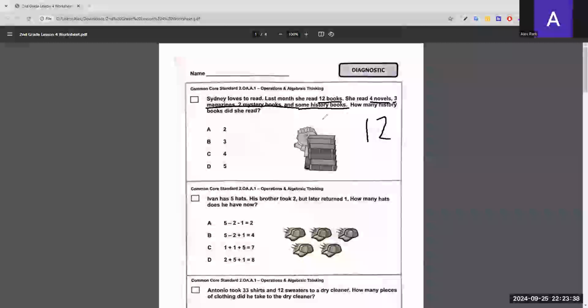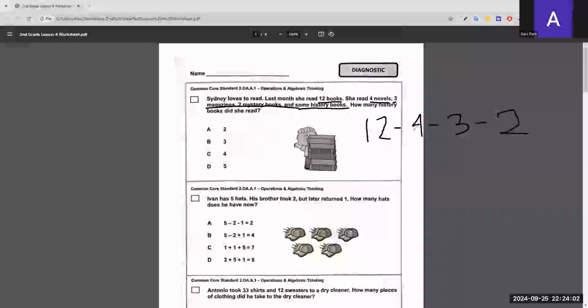And since we're looking for history books, which is the one category of books that we don't know, we can subtract all the other categories to find the number of history books. So 12 minus 4 novels minus 3 magazines minus 2 mystery books.